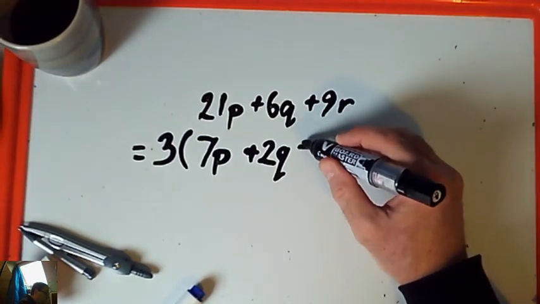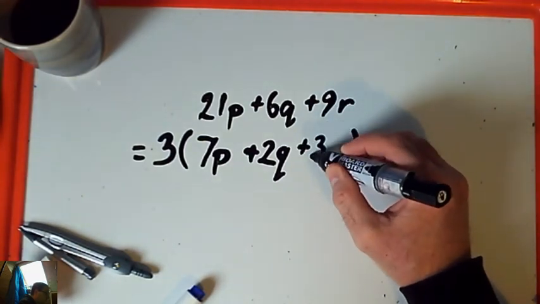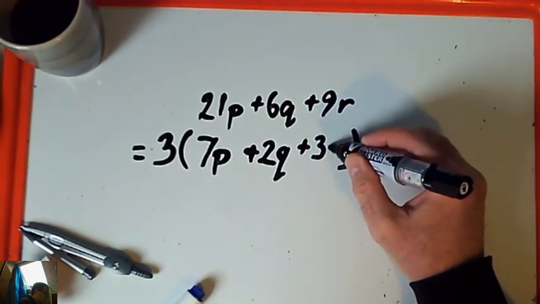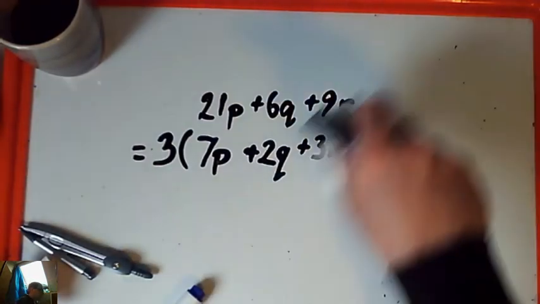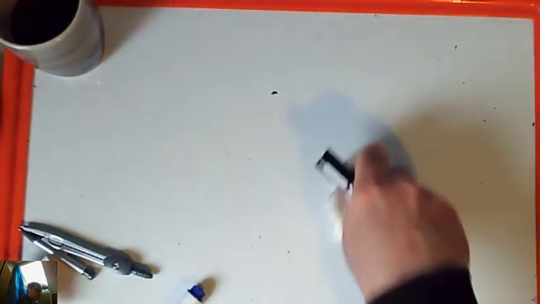So 3 times 3 will give me 9. 3 times 3r will give me 9r. So the factorisation is, typing it in as I speak, 3 times 7p plus 2q plus 3r. And we're on to the last one now, of this block at least, and of this video.